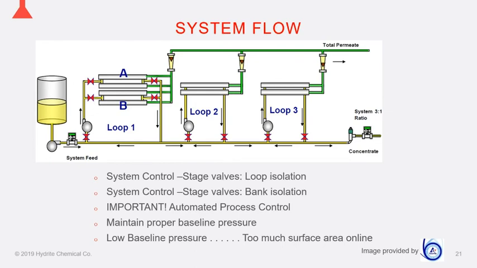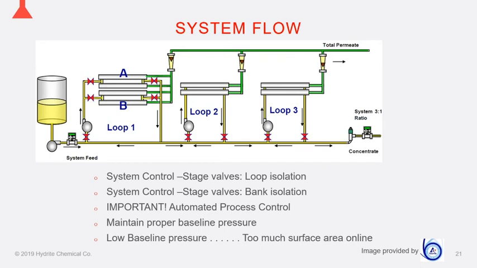There's those little red triangles that you can see. Basically, we can close those valves and isolate a loop or bypass a loop. And then also, you can see loop 1 got split into section A and section B.